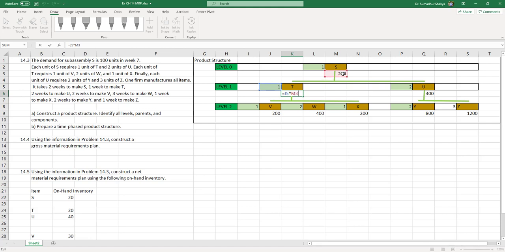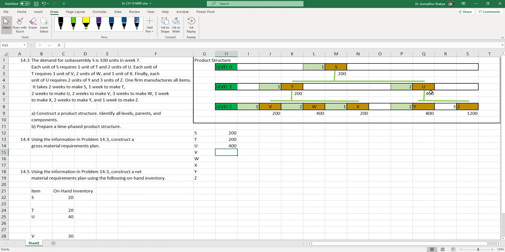The parent quantity times the multiplier gives me the resulting units for T. Similarly, if I need 200, then for W, this would be 200 times the multiplier for W, and hence 400 units of W. The way this helps is that when we have to find out how many units of S, T, U, V, W, X, Y, and Z we need, we can easily keep a tally of all these units combined.